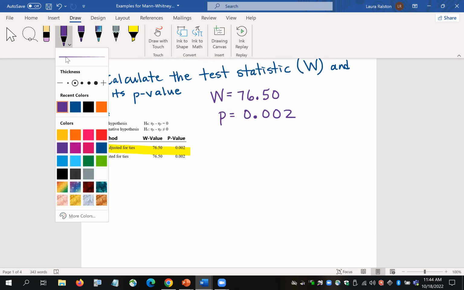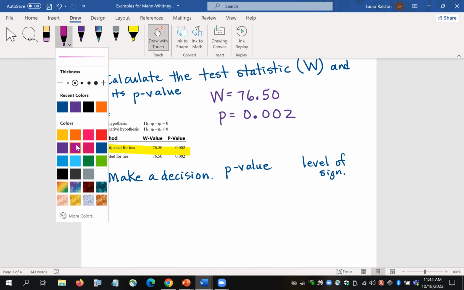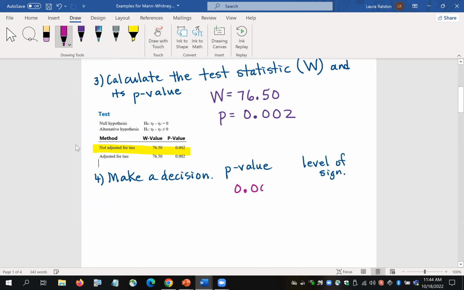Okay, so then step 4, has it changed? We're still going to make a decision. Again, by comparing the p-value to the level of significance, that process has not changed. So my p-value is 0.002 and my level of significance is 0.05.